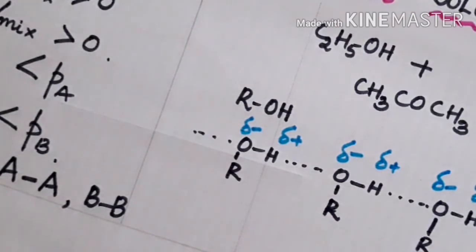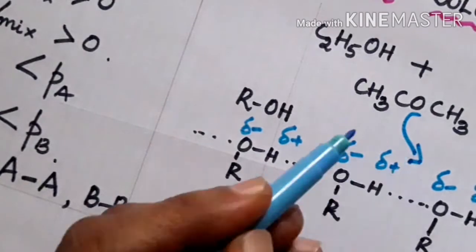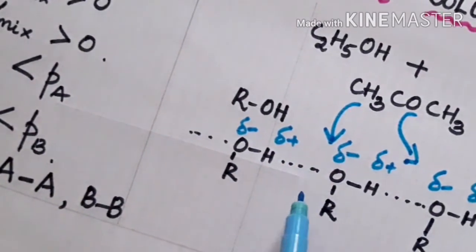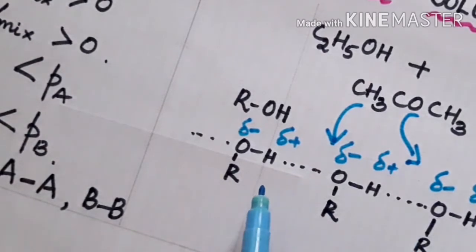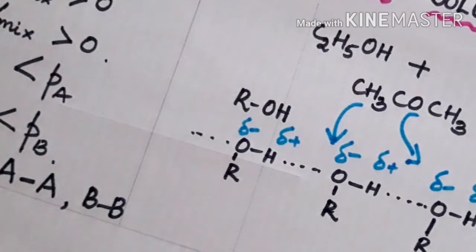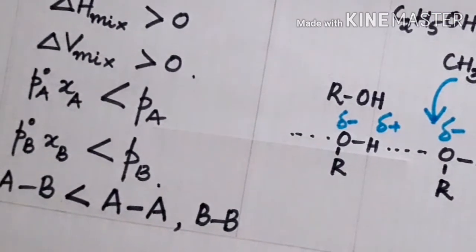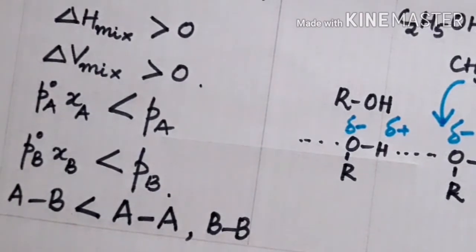When we are adding acetone to it, you find that acetone will interrupt the hydrogen bonds, and so the molecule becomes free in nature. So, when the molecules are free entities, they can escape out faster as vapors. So, vapor phase will increase, vapor pressure will increase when there is weak interaction between the solute and the solvent.